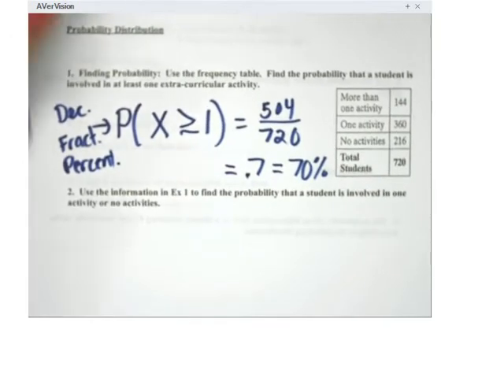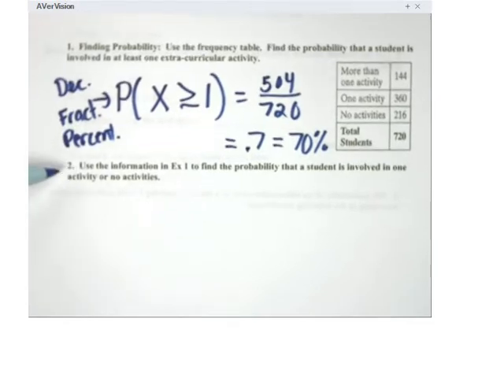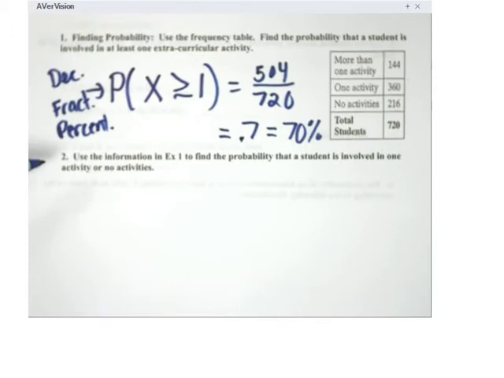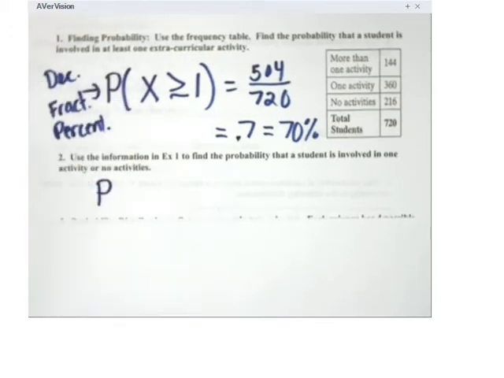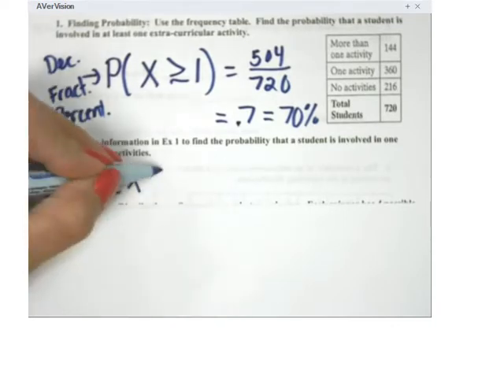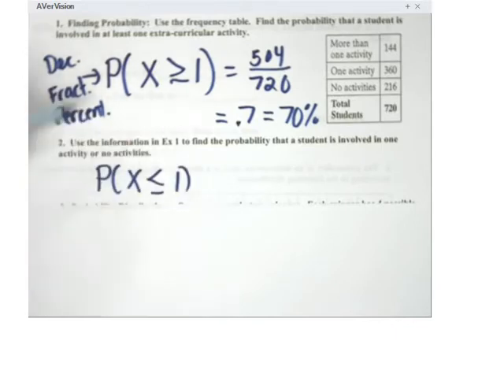Now, if I wanted to use the information from example 1 to find the probability that a student is involved in one or no activities, then I'm really answering the question: I want to find the probability that my number of people participating in an activity is less than or equal to 1, because 1 or none.